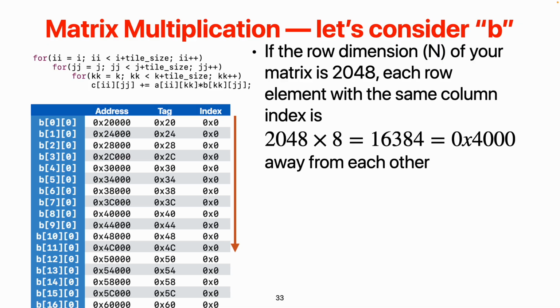So if I have B[0][0] at this address, the next row with the same column index is going to be this, and so on incrementally. Are we all okay with that sequence of addresses?